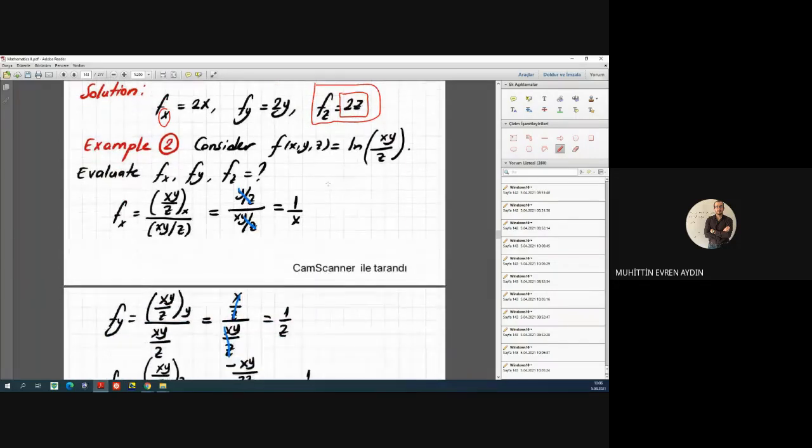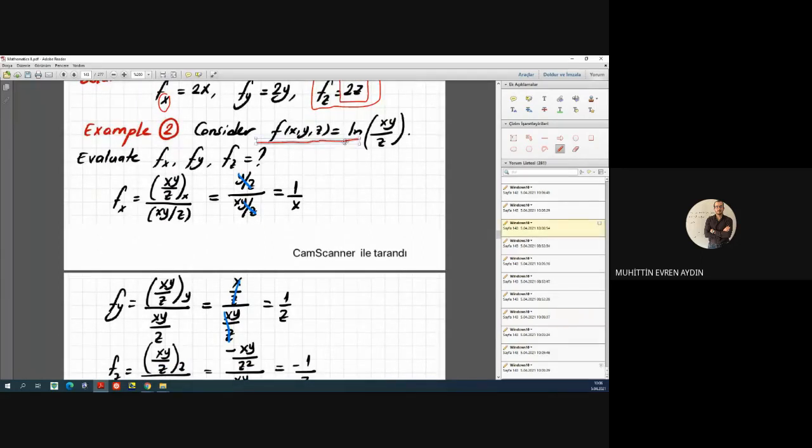Another example, we have a function of three variables x, y, z, and the derivative with respect to x: firstly you have to apply the derivative rule of logarithm, namely, the derivative of this function over the function xy over z.